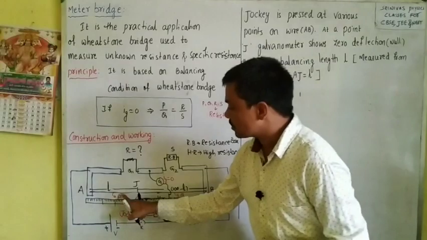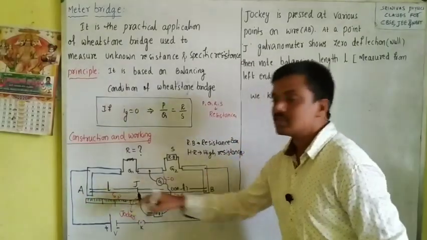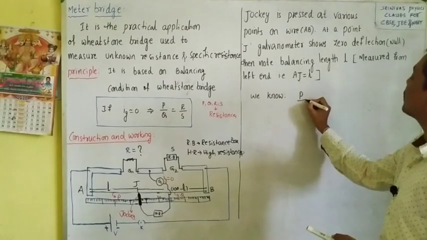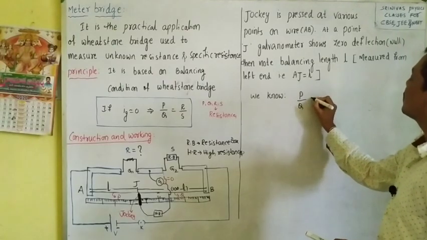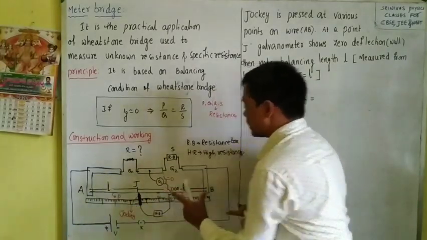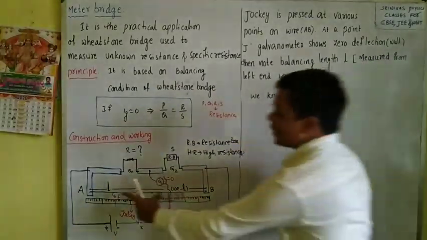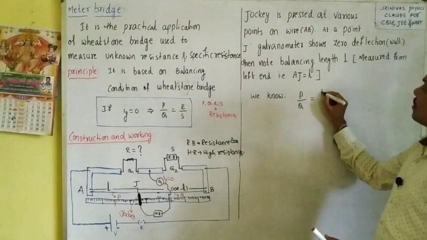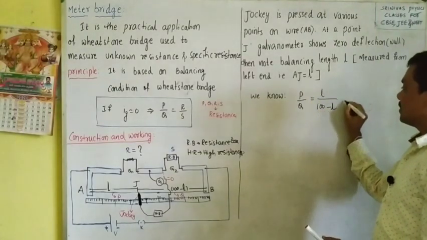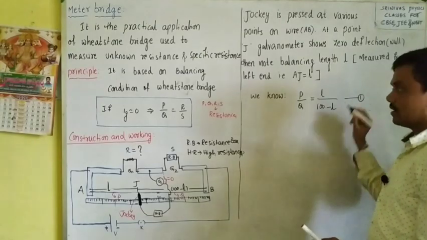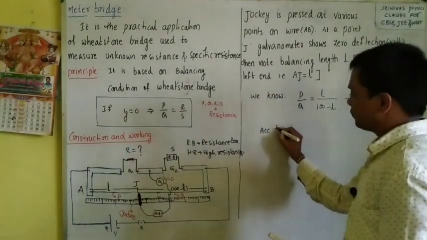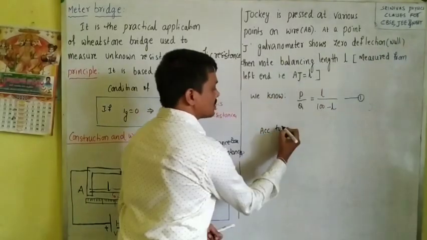The resistance of the left side is P, and its length is L. Then we write P by Q: left side wire resistance by right side wire resistance is equal to left side wire length L by 100 minus L. This is equation 1. According to the Wheatstone bridge principle, what do you know?